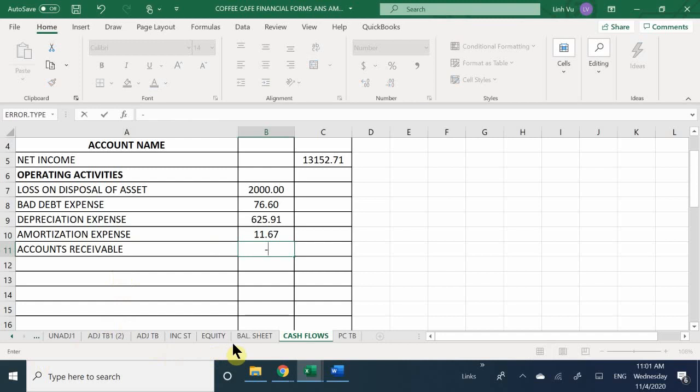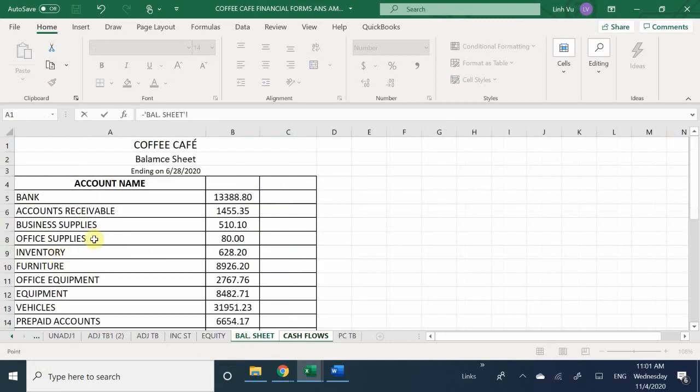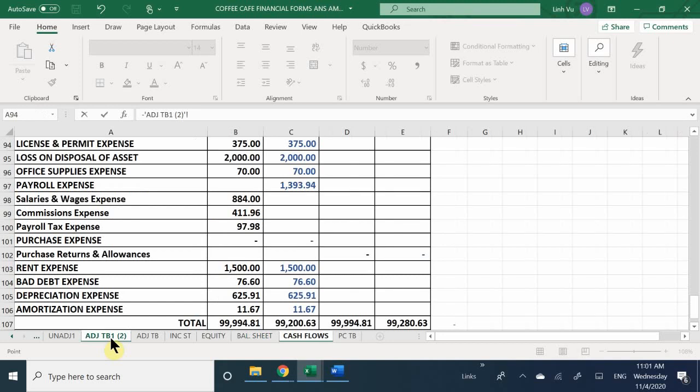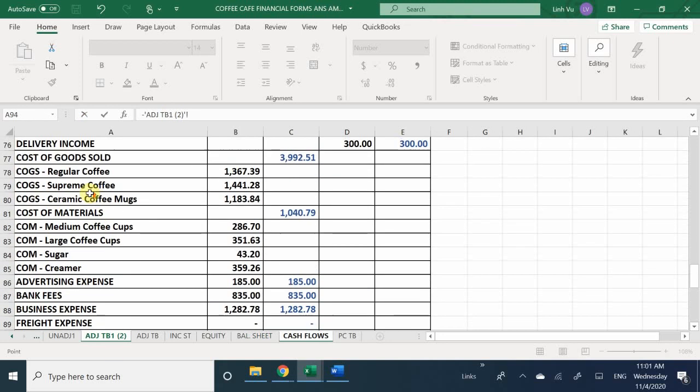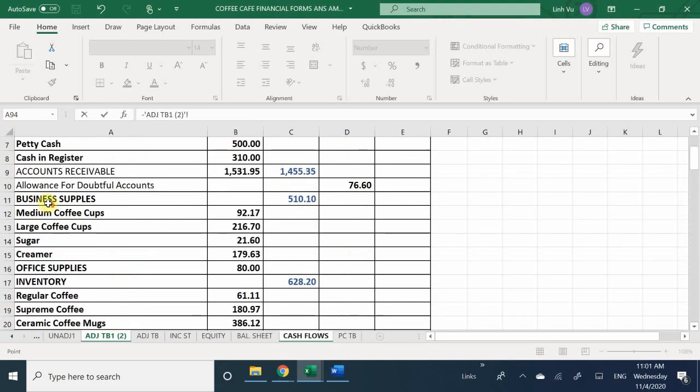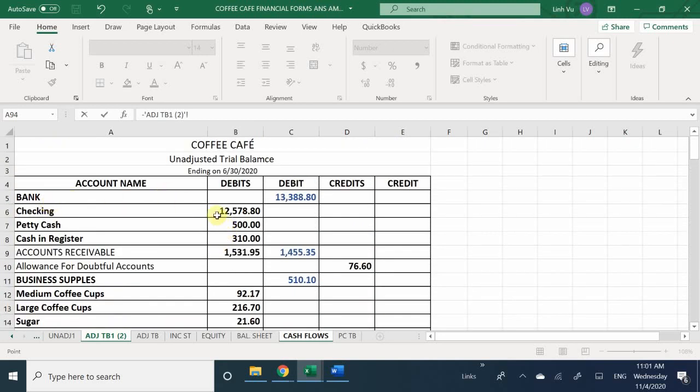And what was our amount here? Okay, we can't use this one because it includes our allowance for doubtful accounts, which doesn't apply. So we're going to go to the one from our adjusted trial balance for the actual amount that we are supposed to be pending to receive. In this case, I'm supposed to be pending and receiving a total of $1531.95.